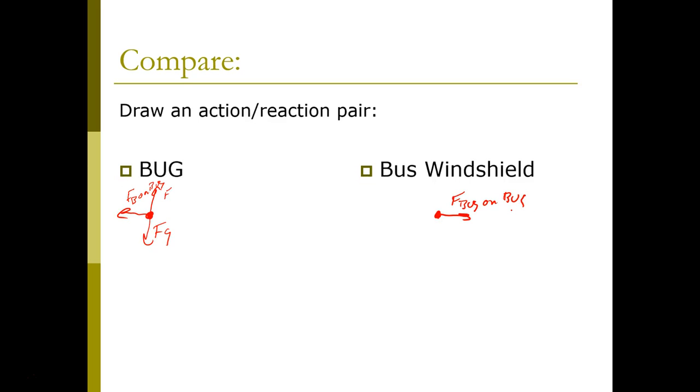So those are our two forces here. We know from earlier that the forces are equal. So we're just going to call this A and B. So FA is equal to minus FB. And we can see that here, where they have the same magnitude and they're pointing in opposite directions. In this case, we're pointing to the left, and in our bug case, we're pointing to the right.